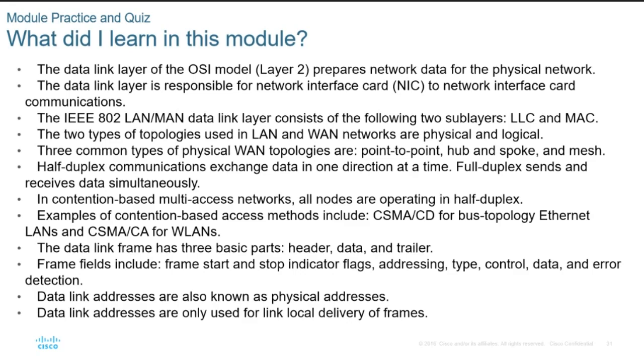Examples of contention-based access methods include CSMA/CD for bus topology Ethernet LANs, and CSMA/CA for WLANs. The data link frame has three basic parts: header, data, and trailer. Frame fields include frame start and stop indicator flags, addressing, type, control, data, and error detection. Data link addresses are also known as physical addresses. Data link addresses are only used for link local delivery of frames.